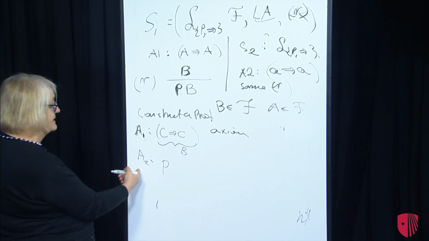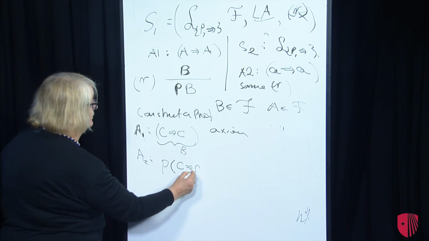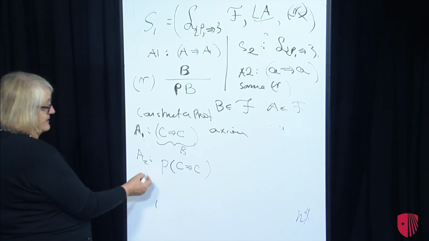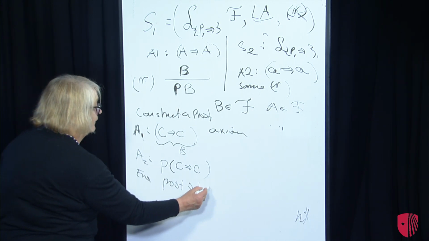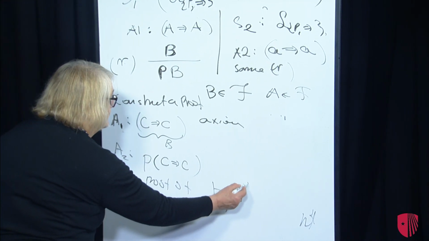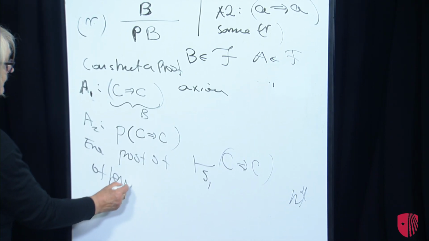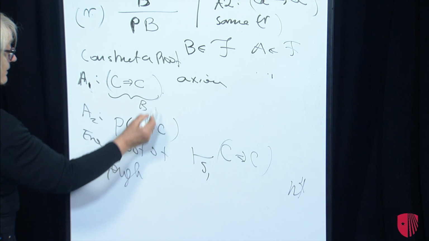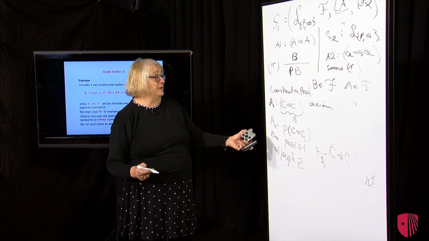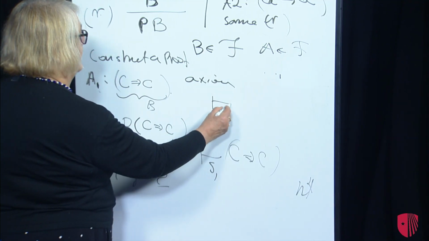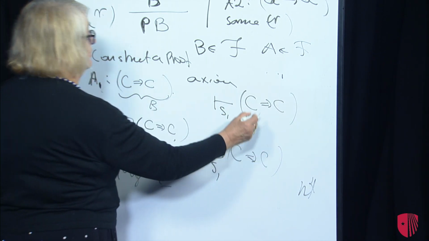So my second step in a formal proof would be P, C implies C. And I can say, OK, I end here. So this is a proof in S1 of length 2. I proved PC implies C, so I can write that in S1 I proved it.